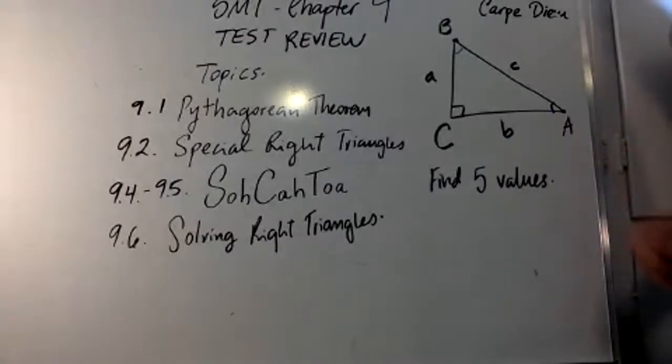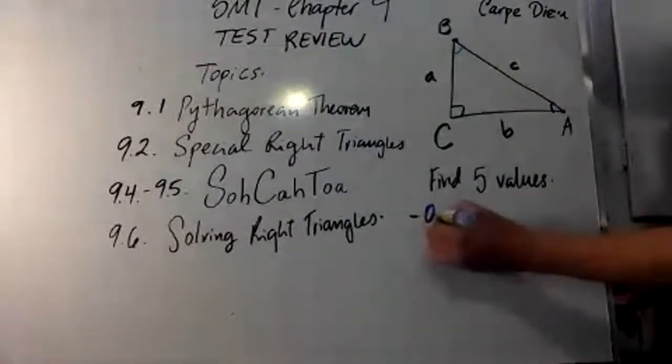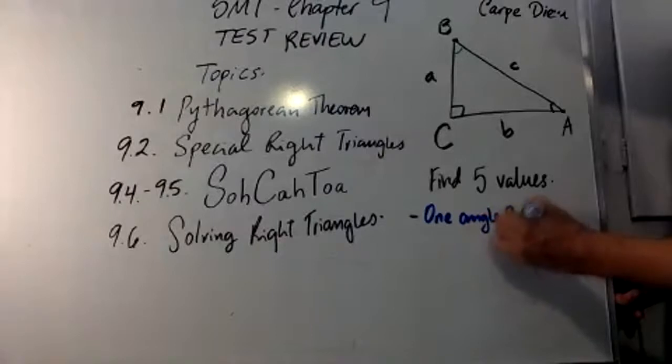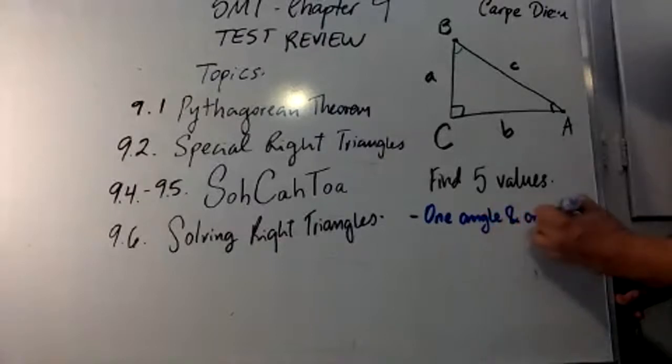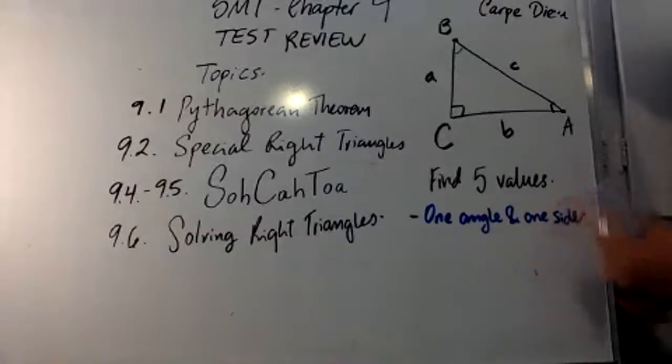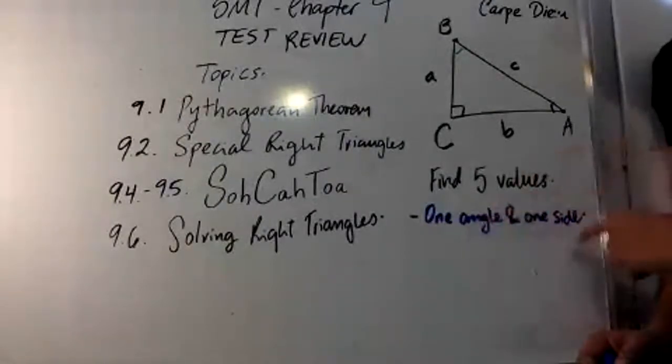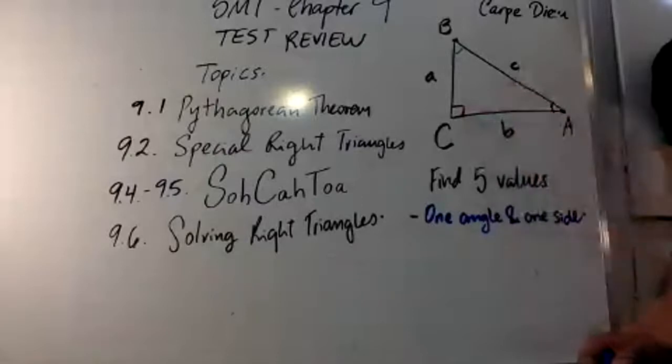In this case, it means I need to find 5 values, but you have at least one angle and one side, all right? This is one of the scenarios. You have to be given one angle and one side. We are not taking into account the right angle because we know what it is, okay?